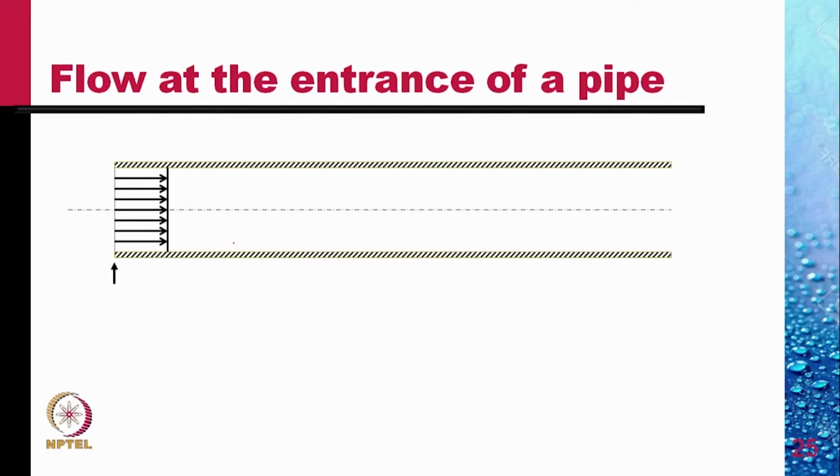This fluid which entered this pipe at a uniform velocity would see an immediate stop to a layer of fluid in immediate vicinity of the pipe wall, and so after a little time the velocity profile would look like this.